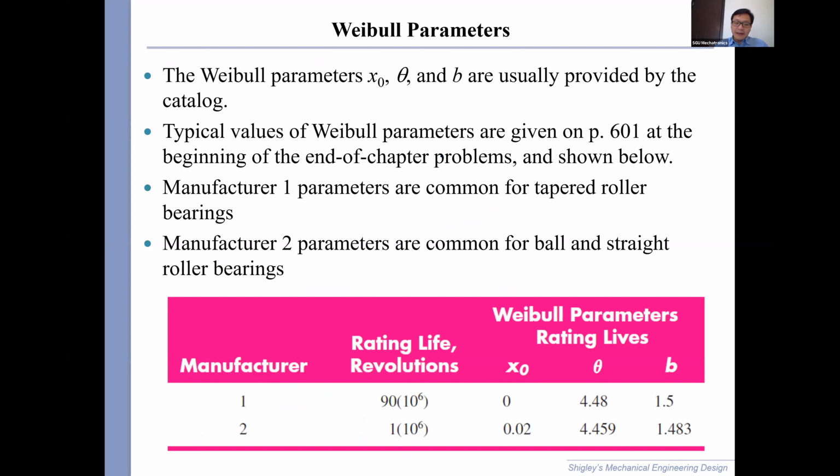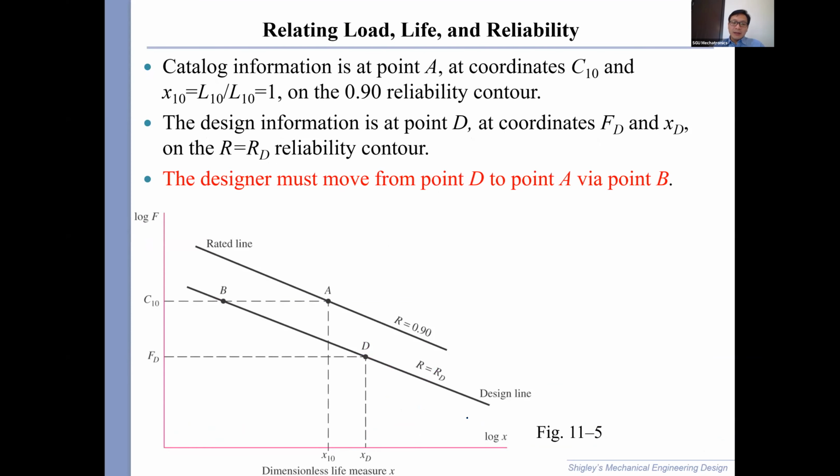And here we're going to use type 2. Okay, this is just a different manufacturer. I think number 2 is SKF. SKF uses 1 million cycles as the rating life, and these are the Weibull parameters. We're just going to stick with that, keep things simple.